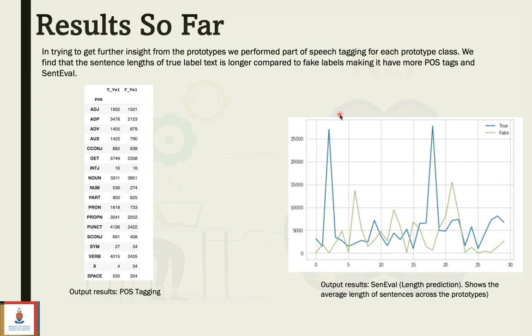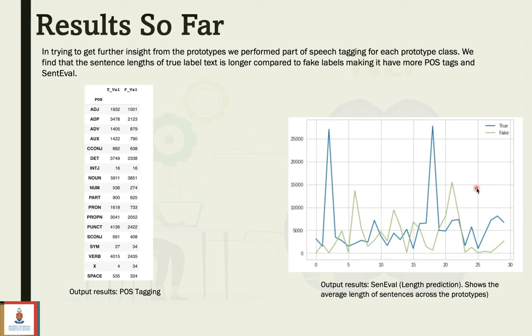We also did part of speech tags as well as the SentEval output. This is our part of speech tagging output, comparing our true prototypes to our fake prototype selections. And this is also our result for the SentEval task for length prediction.